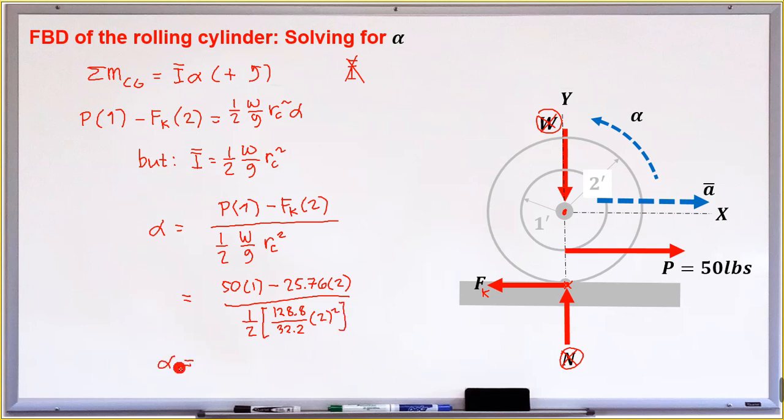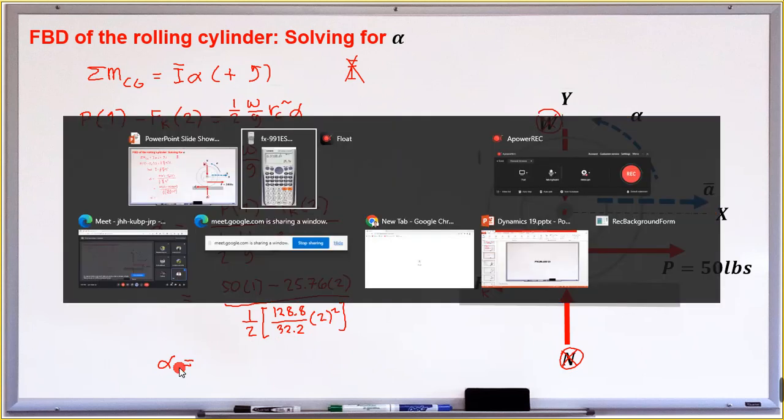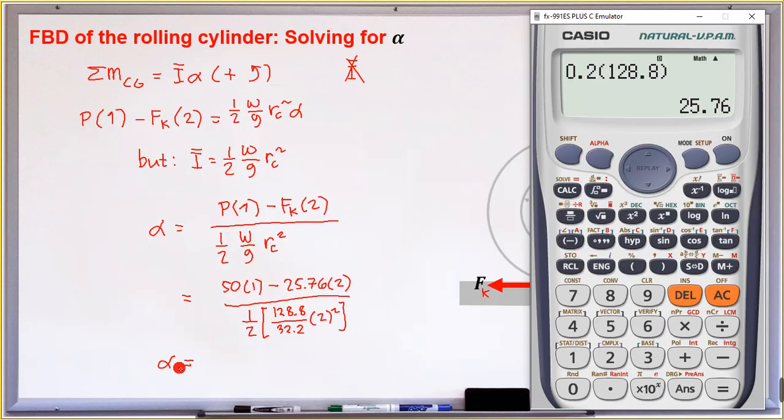So what would be the value of our alpha? We're going to use our calculator. We have 50 minus 25.76 times 2, then 0.5 times 128.8 divided by 32.2, then 2 square.